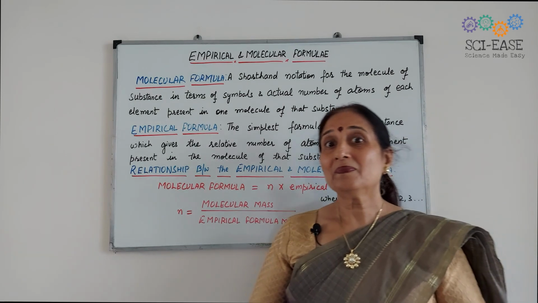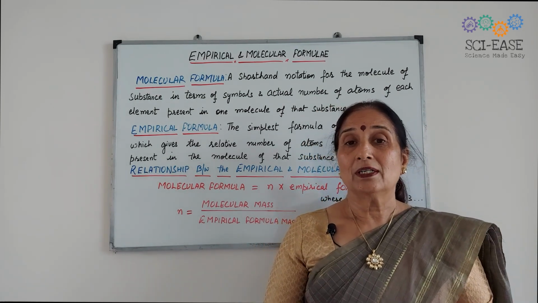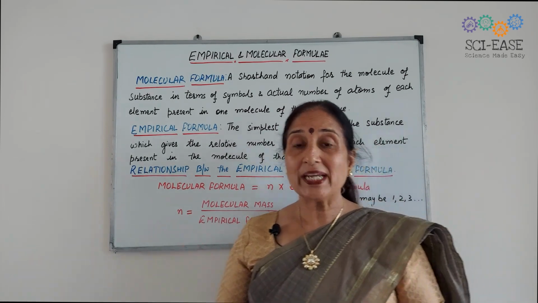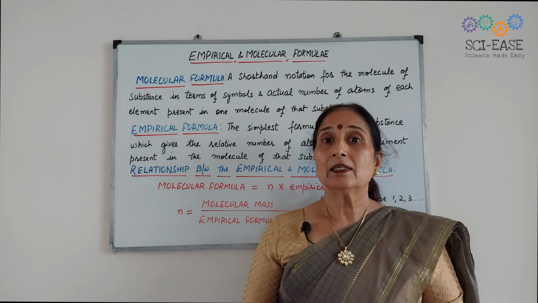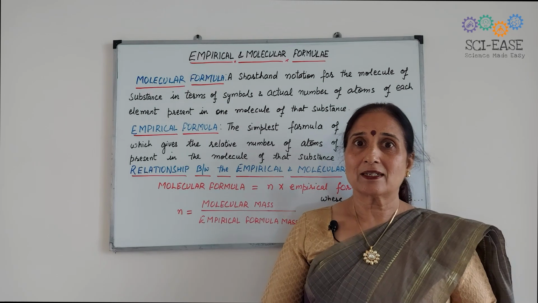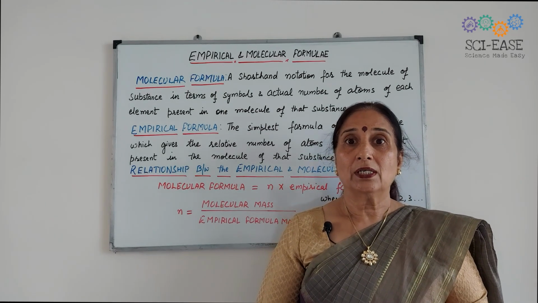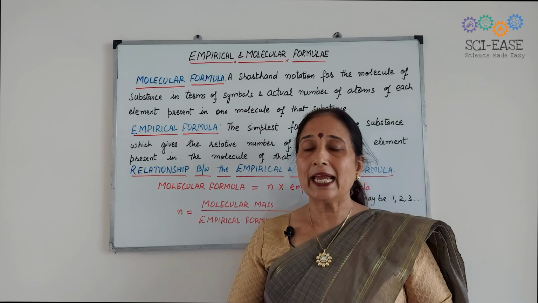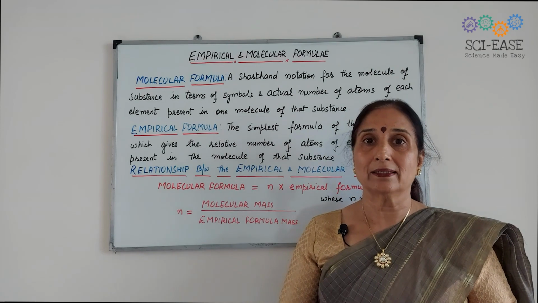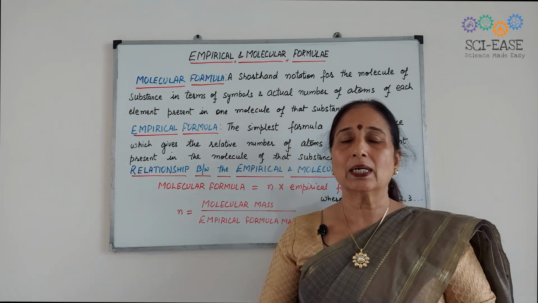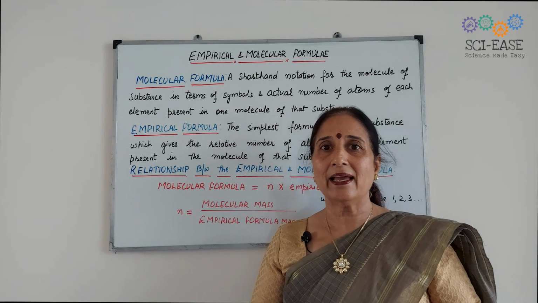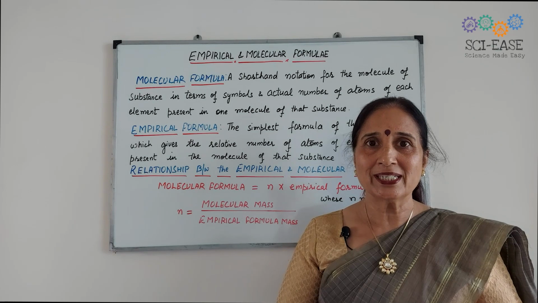So, in case of covalent compounds, they are discrete molecules, and they are described by the molecular formulae. But in case of the ionic compounds, and covalent compounds which are linked together forming a network like in the case of diamond, and ionic compounds like NaCl, they are not discrete molecules.